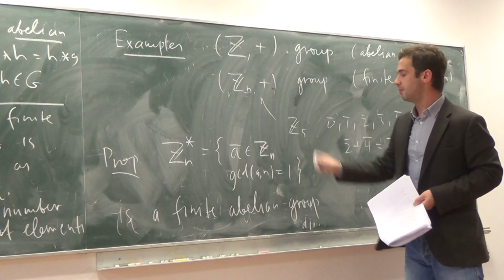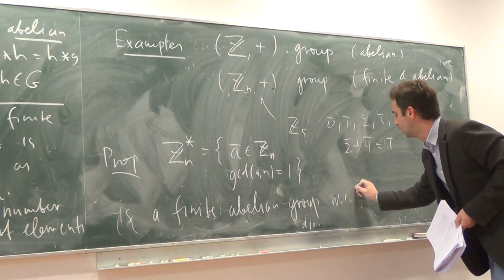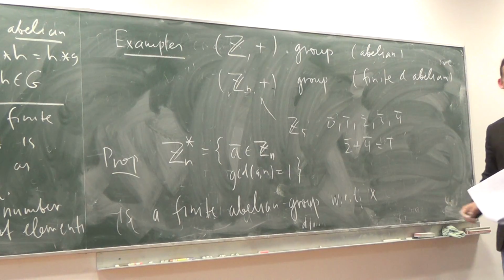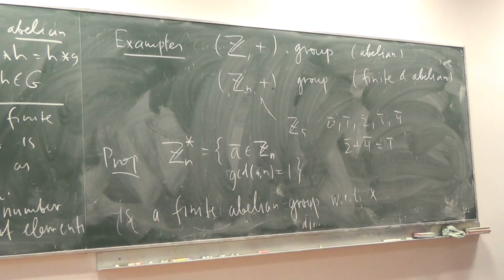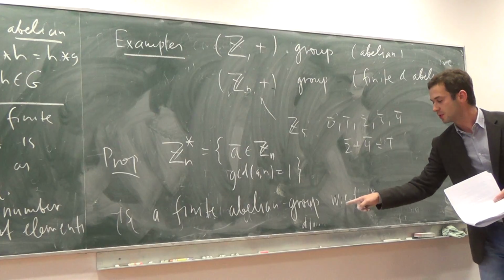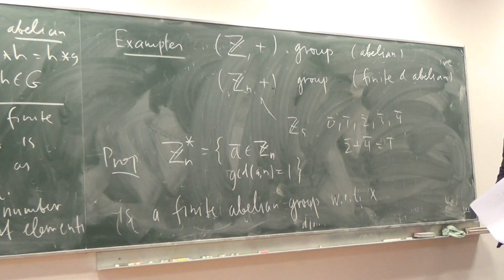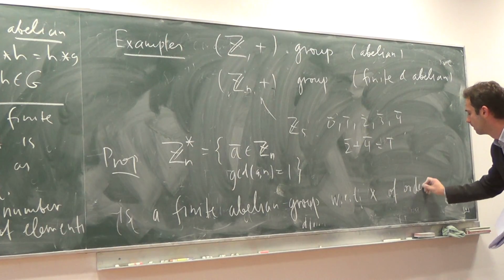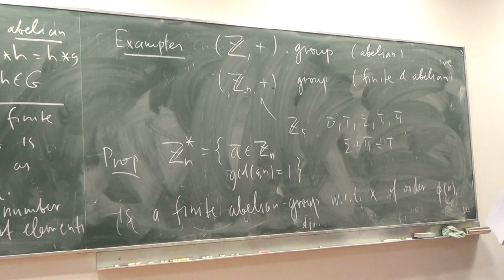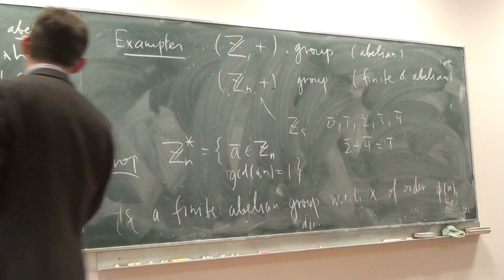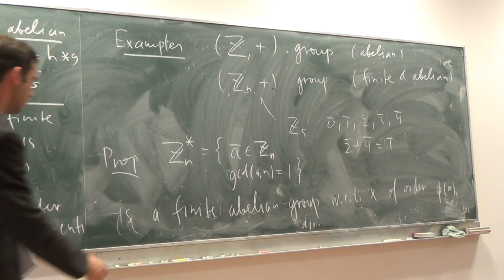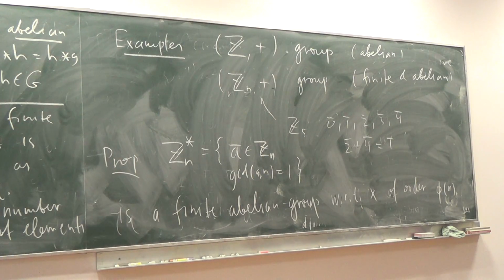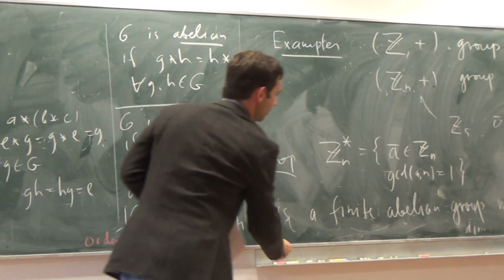Okay, so this was additive, but now I mean with respect to the multiplicative operation. I want to multiply elements, this is my operation, so with respect to multiplication. And also I can say of order phi of n. This is called the order of the group. The number of elements is called the order.